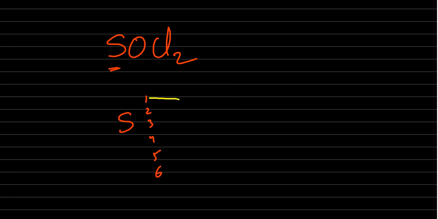Suppose SOCl2. What is the central atom here? Sulfur is the central atom. Sulfur has 1, 2, 3, 4, 5, 6 electrons. Now one oxygen is there. Oxygen requires 2 electrons, and each chlorine requires 1 electron. The remaining 2 electrons make 1 lone pair. See here, you should not count pi bonds, only sigma bonds.